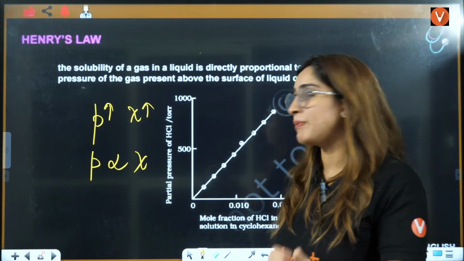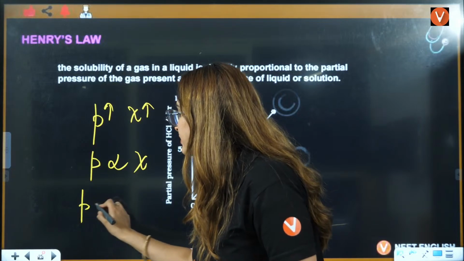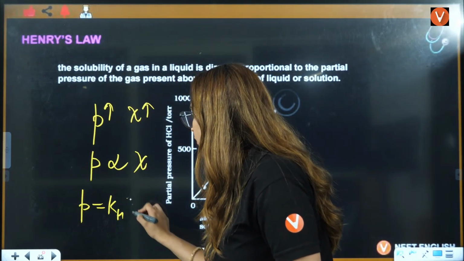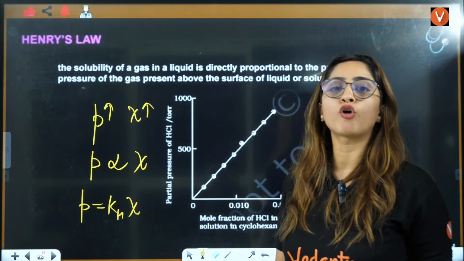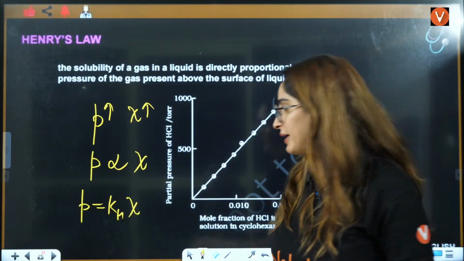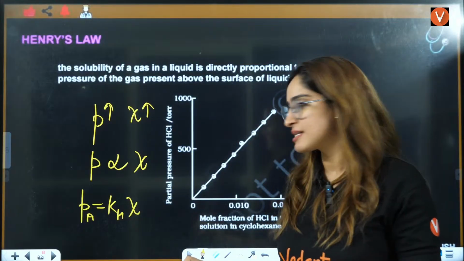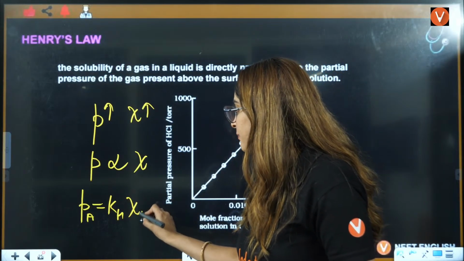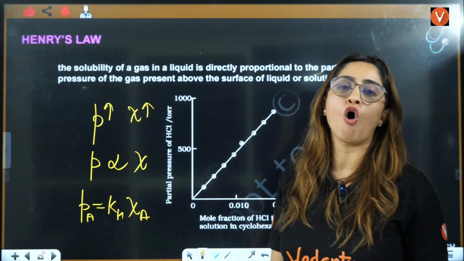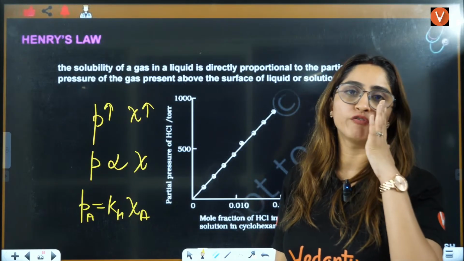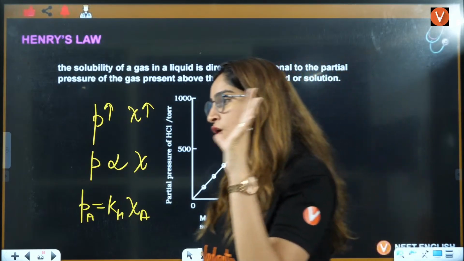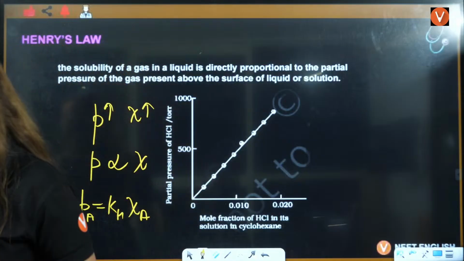Now, after replacing the proportionality sign with Henry's constant, we have this. Let's say we are talking about some A component here. Partial pressure of that A gas is equal to kH multiplied by the mole fraction of A in the liquid phase. That is called Henry's law.